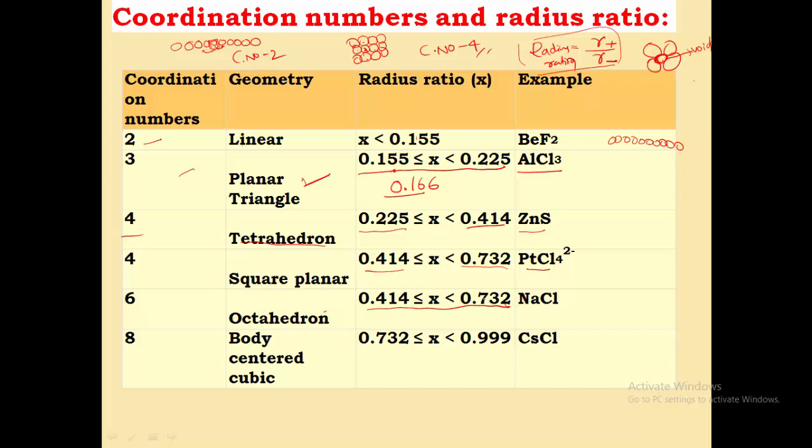Both have the same radius ratio, and the example is NaCl. Only the structure is different, the radius ratio is the same. And for body centered cubic, the coordination number is 8 and the range is 0.732 to 0.999. Example is cesium chloride. So remember these radius ratio ranges, and the geometry and coordination number with example. This is an important one, remember this table.